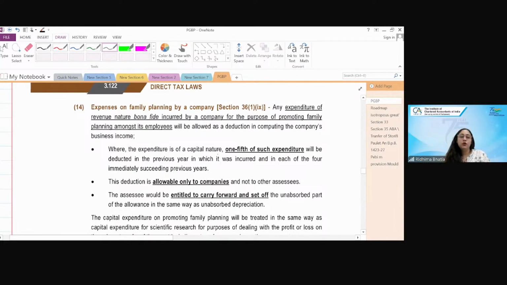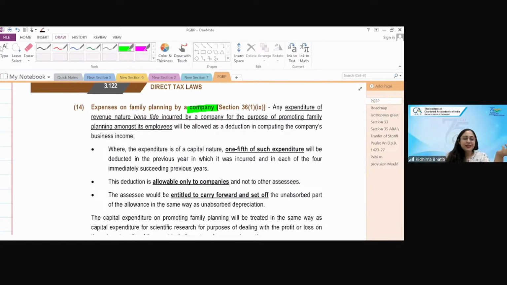This is only allowed to companies. Please highlight this is not allowed to everyone. This is only allowed to companies, when the companies are making any type of expenditure on the family planning of the employees of the company, that is allowed. Promoting the family planning, that is allowed as deduction. This deduction is in a way to promote the knowledge of family planning. So that's why it's allowed.